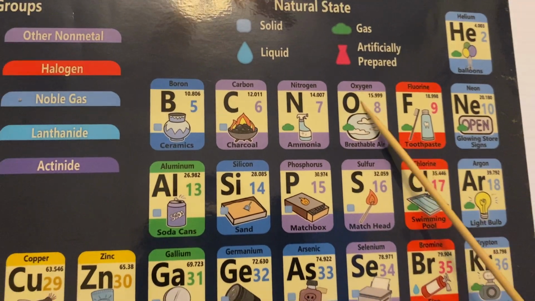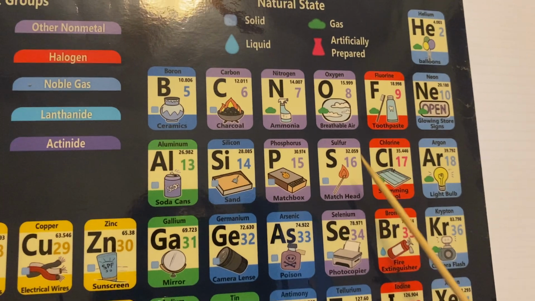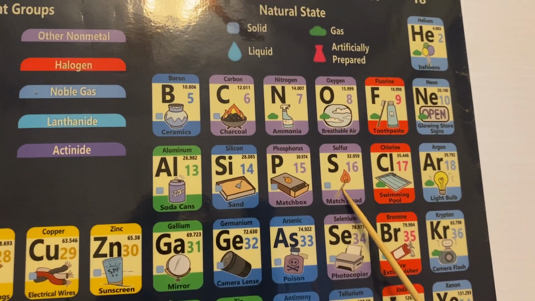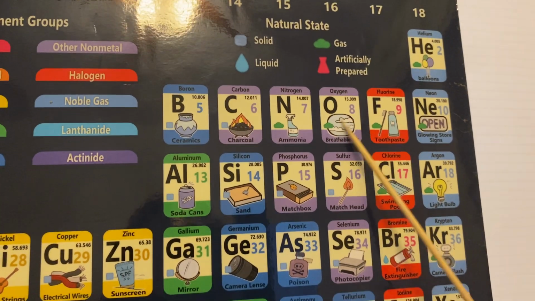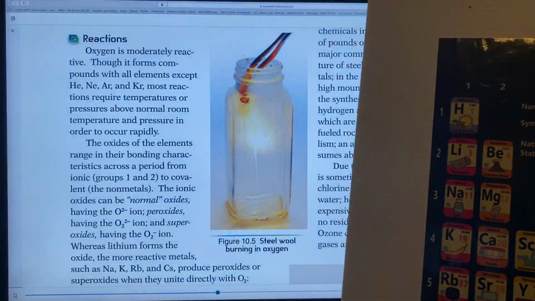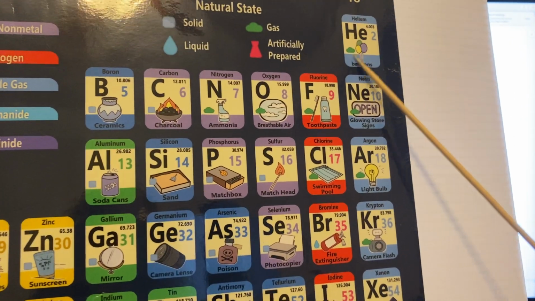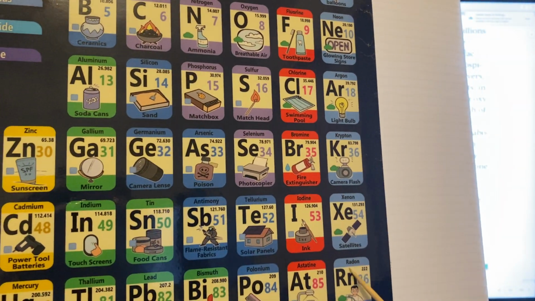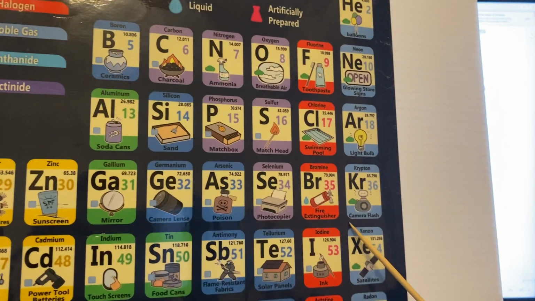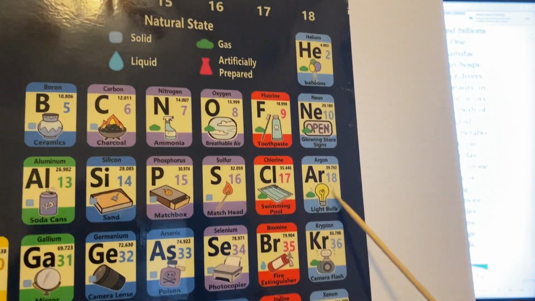It's going to be on this edge and underneath. Oxygen and sulfur are similar, so you'll see that. I wanted to show you the table, but oxygen can unite with virtually everything except for the noble gases. These gases here at the end are called noble gases because they do not react very easily at all. Especially they don't react with oxygen: helium, neon, argon, krypton.